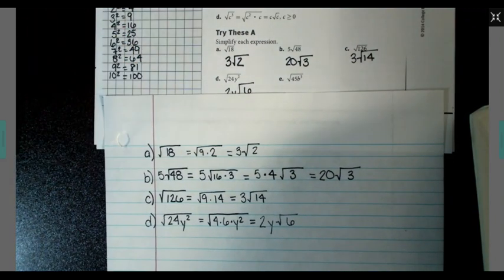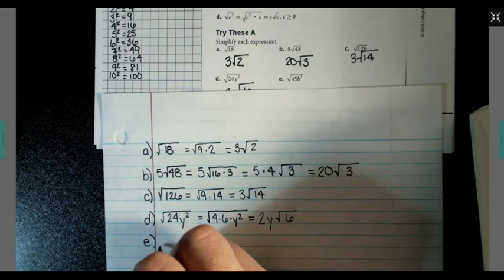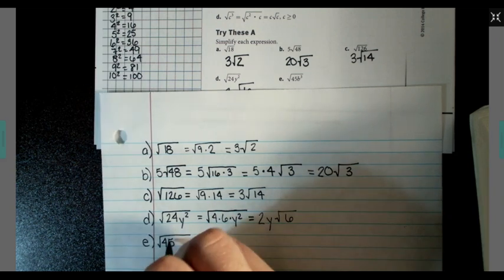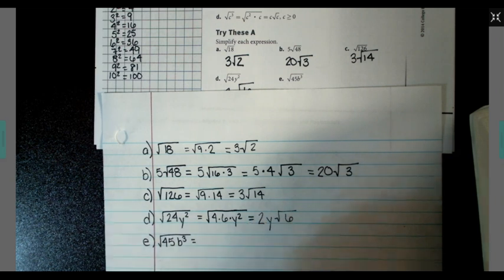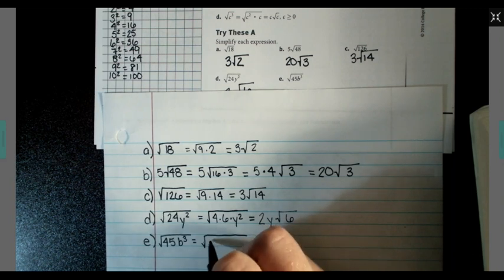And now we're going to look at E. E is going to be the square root of 45 b to the third power. 45 can be divided by 9. So we're going to write down 9 times 5.